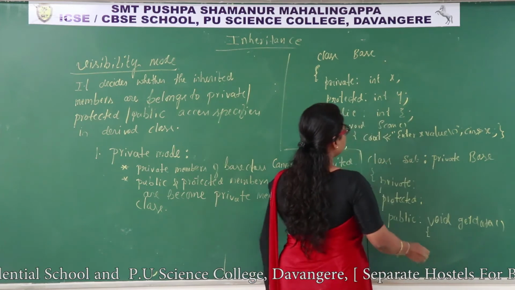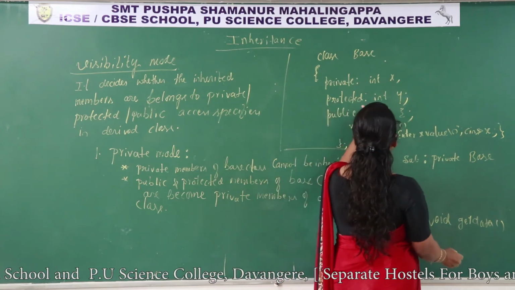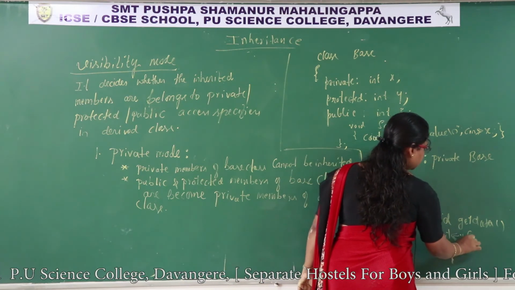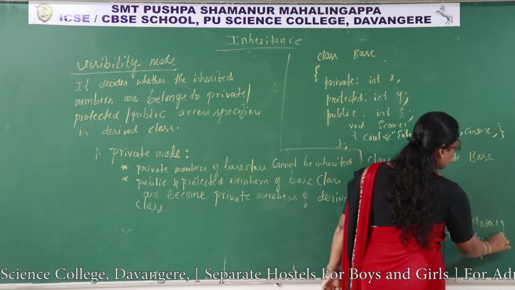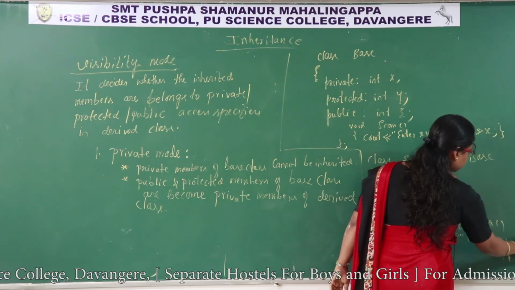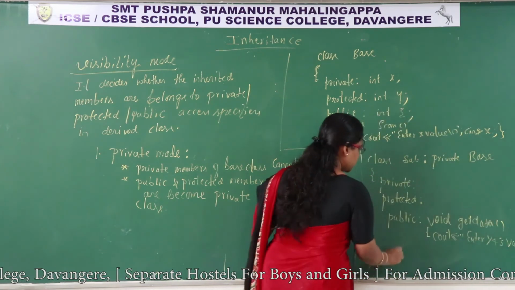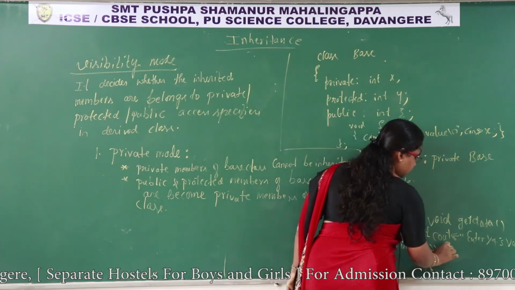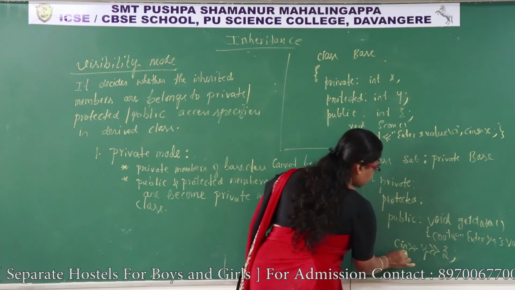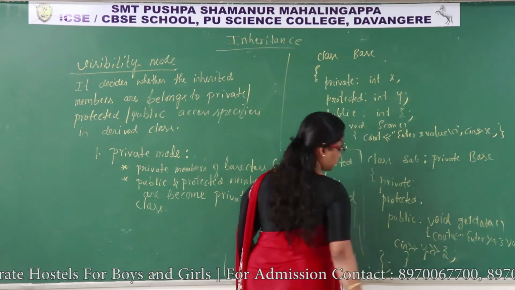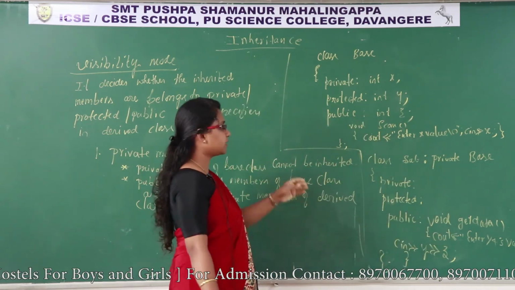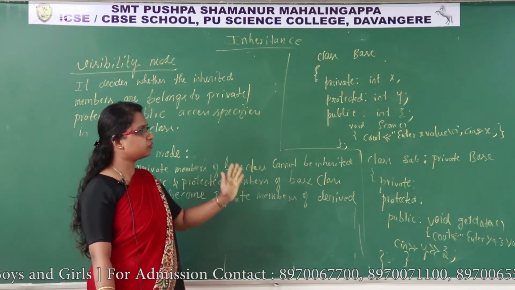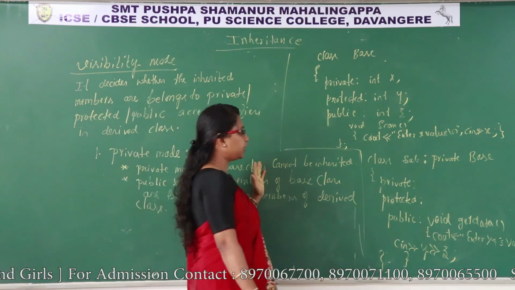From this function, I can access the protected and public data of base class. Cout, enter y and z values. Cin extraction y and extraction z. Function close, class close. In this example, I have taken only functions which are meant for read operation.